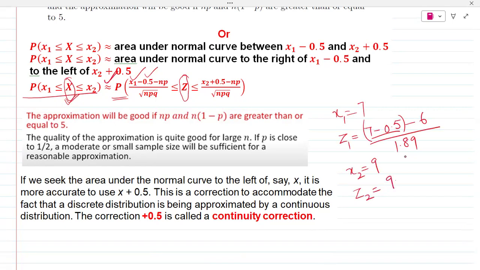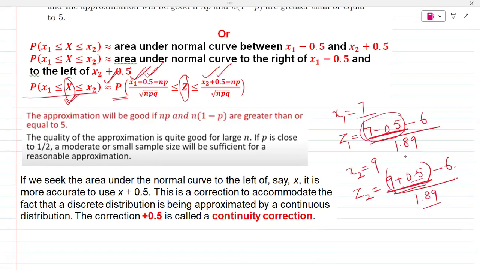Similarly, when x2 was 9, what was z2? It was 9 plus 0.5, which was our point, minus again 6, divided by 1.89. So that's why it is x1 minus 0.5 and x2 plus 0.5. Here 7 minus 0.5 was 6.5, and here it was 9.5.